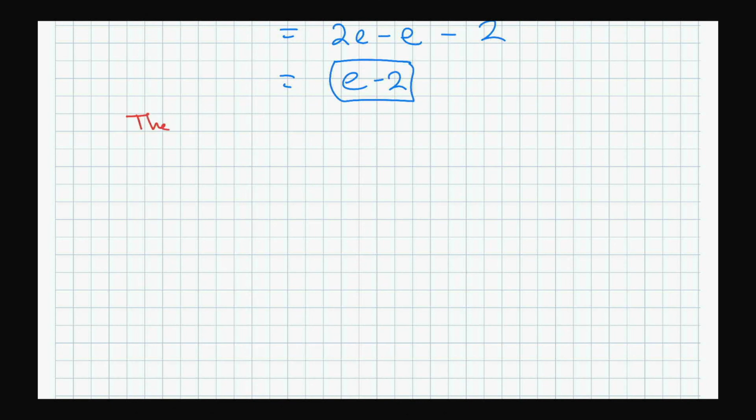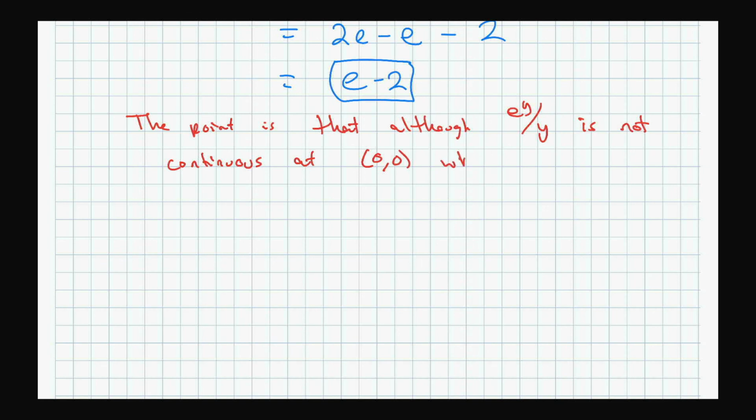So the point is that although e to the y over y is not continuous at 0, 0, which is in D, the integral worked out fine because it's just a single point.